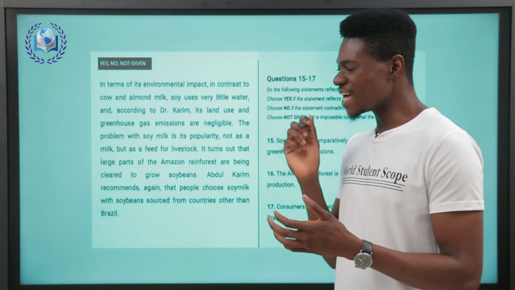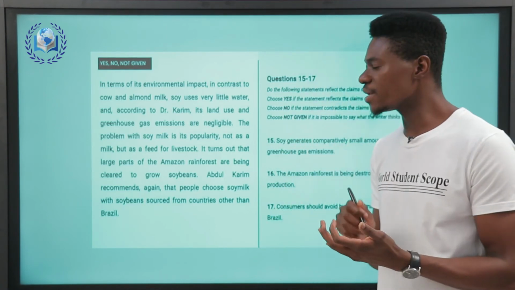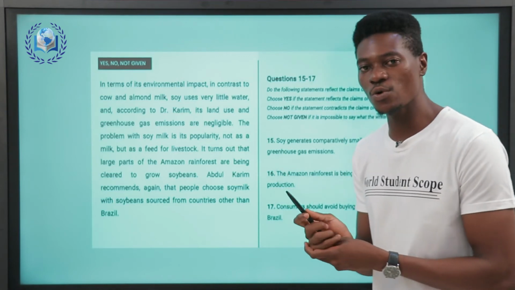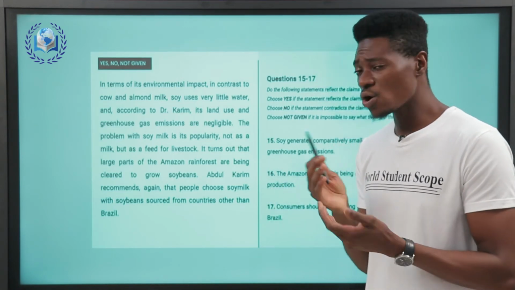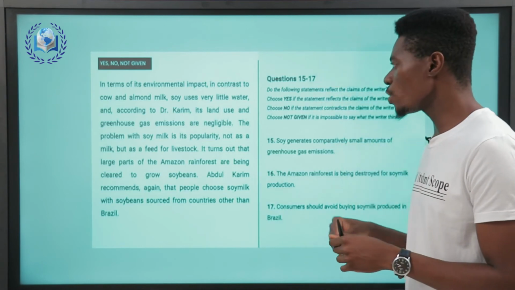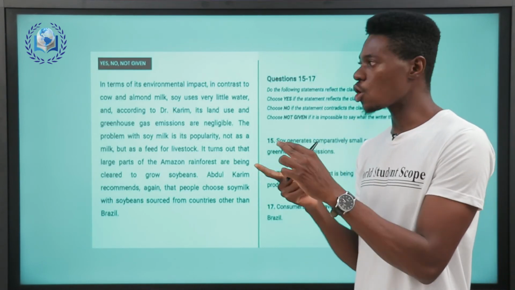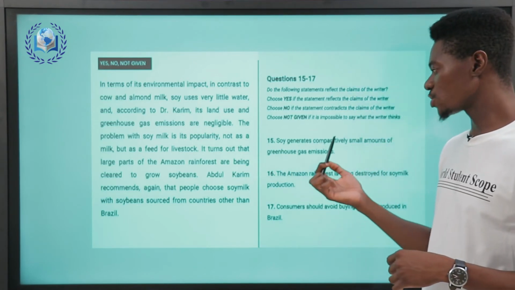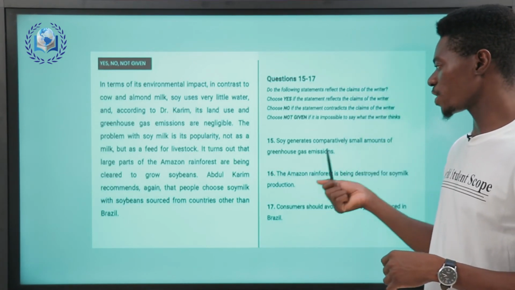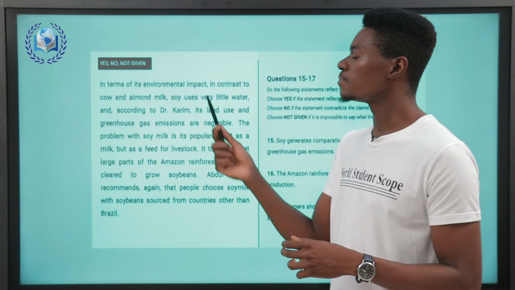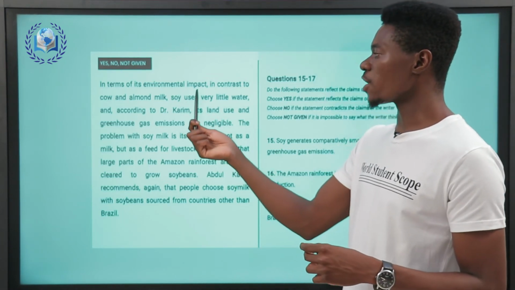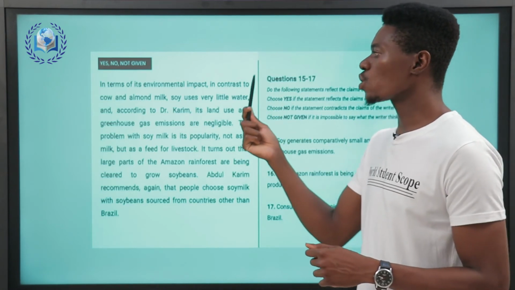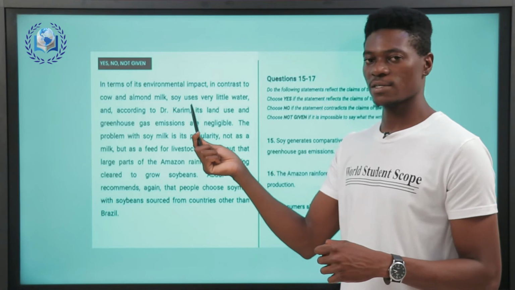So now let's read each and every line and know what the question wants, and whether it correlates with the question or contradicts it. So we have two options, yes or no, because the information has been found here. Soy generates a comparatively small amount of greenhouse gas, right in here. In terms of its environmental impact, it contrasts with cow and almond milk.